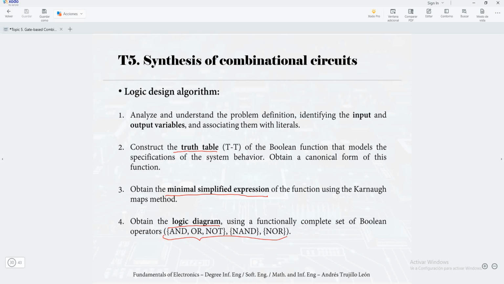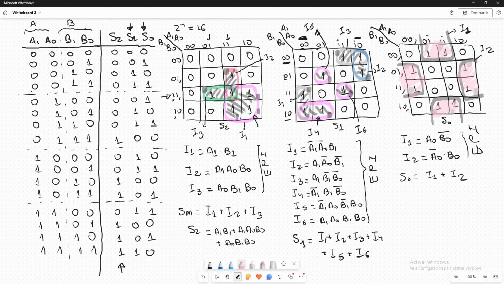Using a two-level AND OR or OR AND, or we can use as well NAND gates and NOR gates, and we are going to see this later. For the moment, we are going to work with two levels of AND OR or OR AND. Since we have obtained the minimal sum, we are going to have an AND OR two-level implementation.